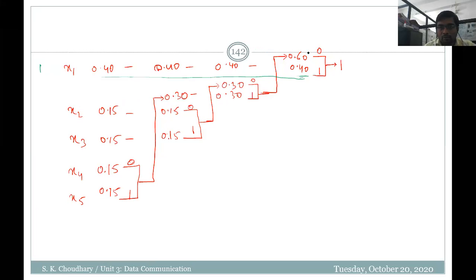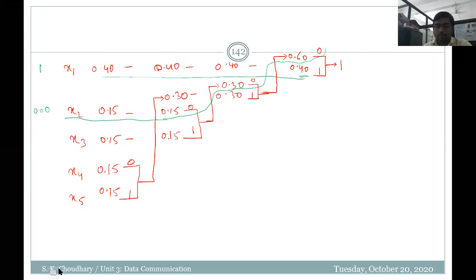Similarly for x2, it starts from here, because this branch is coming to this particular point. So the tracing for x2 is 0, then again 0, because this is coming from this particular message, and then 0.15. So what would be there? 0, 0 and 0, so 3 times 0.